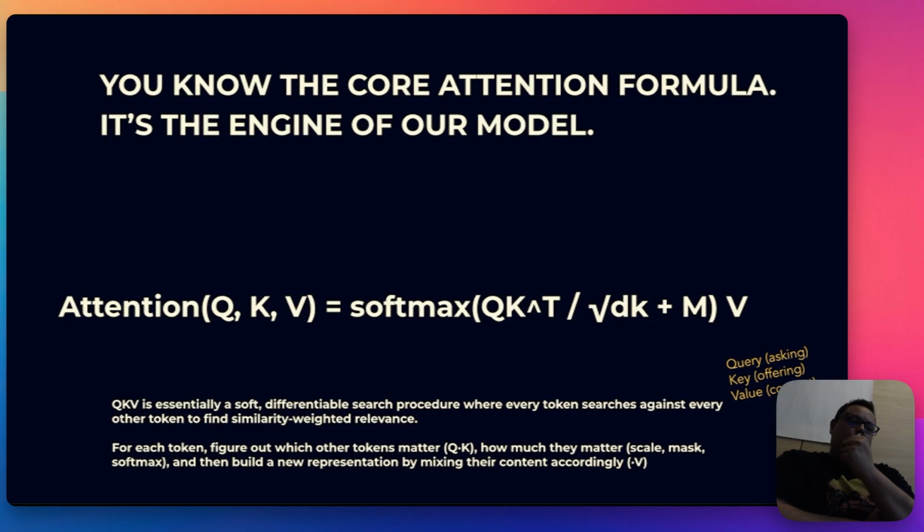You're trying to figure out the token and you're searching against every other token to find similarities, and you have the weights. So for the query, we're asking something; for the key, we're offering something; and for the value, that's the content we're getting back.